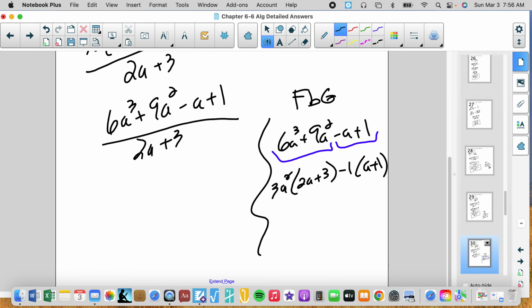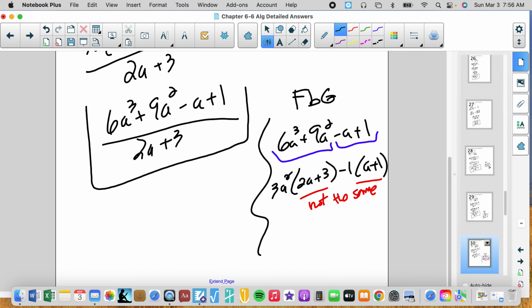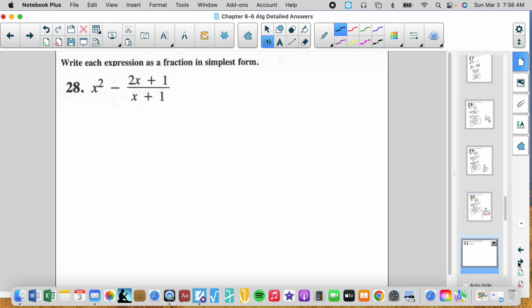Notice these are not the same. They must be the same. So this is unfactorable. This is my final answer. I could move them around, but nothing's going to get there. So you cannot factor by grouping on that one. Tricky one, but wasn't factorable.